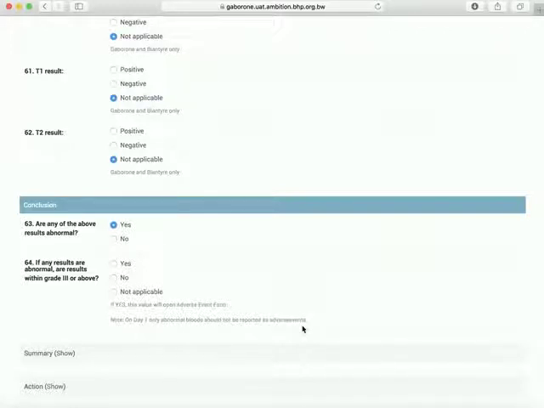is a baseline test. So the only blood tests that perhaps are of particular importance to the patient's participation within the study are those 3 early withdrawal bloods, so the ALT, neutrophils and platelets. If I were to fill in here on this patient that the neutrophils were less than 0.5, I would be asked to terminate the patient from the study because they would have met the early withdrawal criteria.